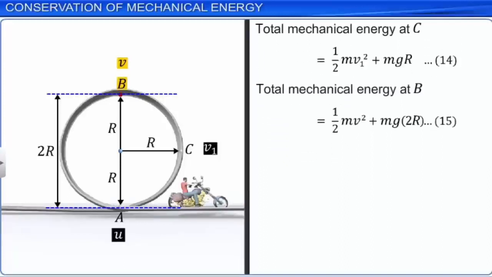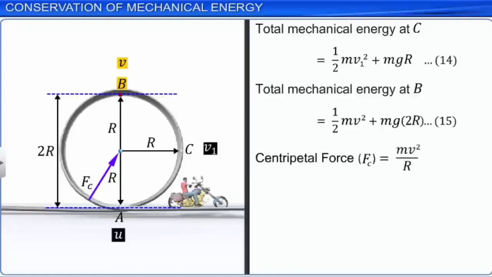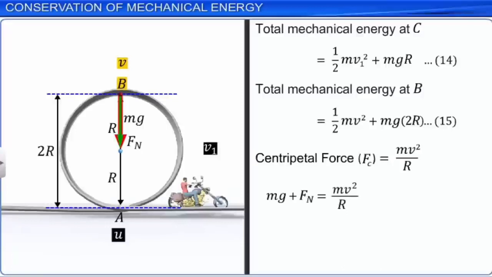As the individual moves on the bike, which is together considered a system, in the circular path, a centripetal force Fc, denoted by mv square by r, acts on the system. At position B, weight mg and normal force Fn provide the necessary centripetal force.